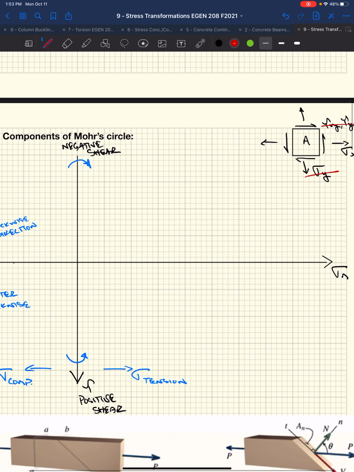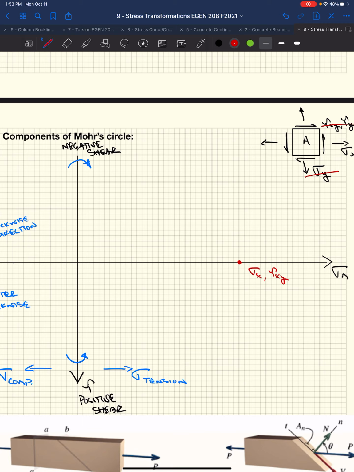It's going to end up being on the axis. That's not always the case. So we're going to have sigma x and tau xy. In this case, we have a sigma x. It's tension. It's on the right-hand side of the y-axis. Tau xy is 0, so we're on the x-axis. And we're going to get a point.